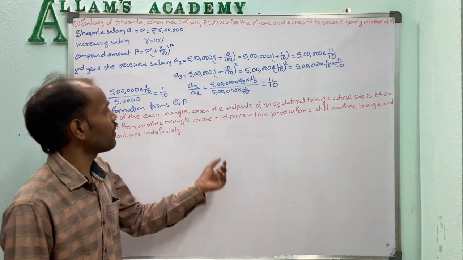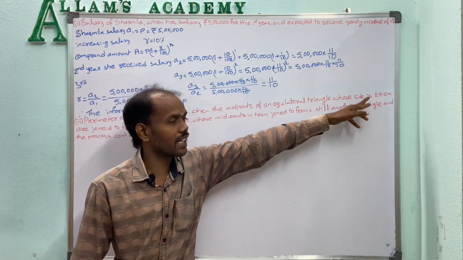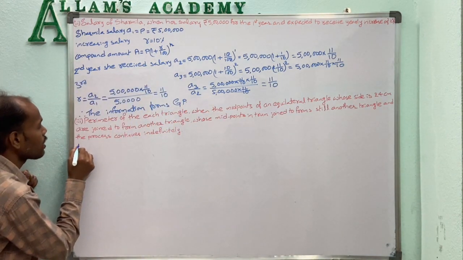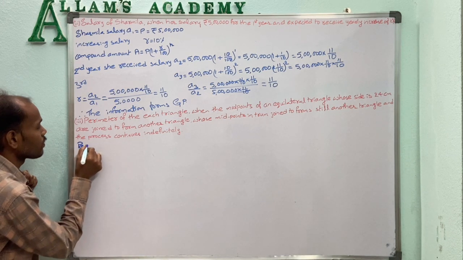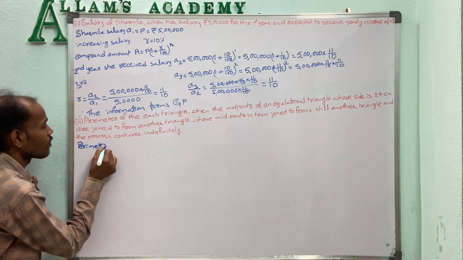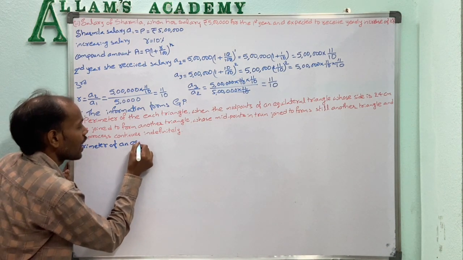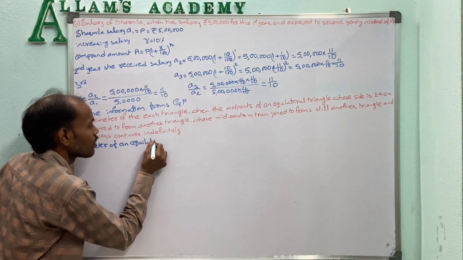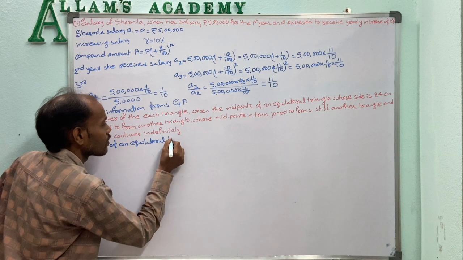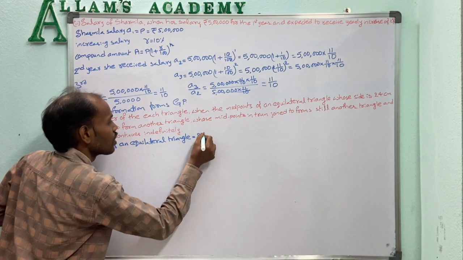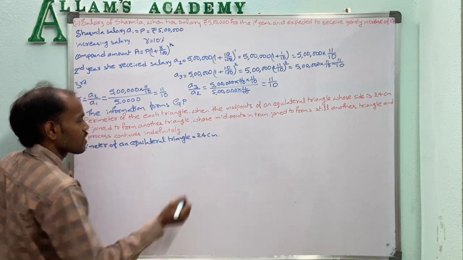That means the perimeter of an equilateral triangle is 24 centimeters, given.